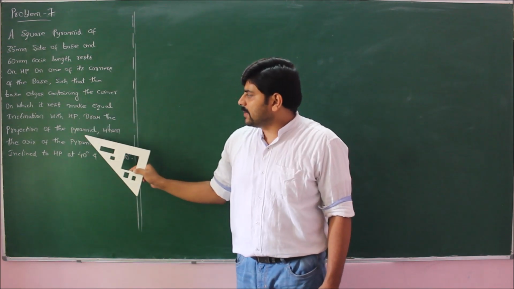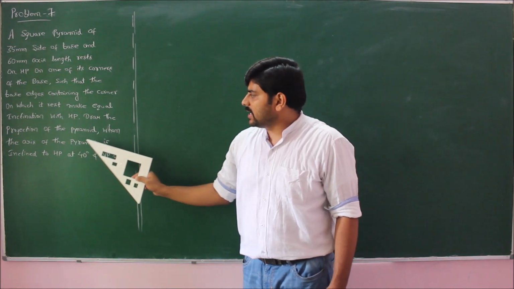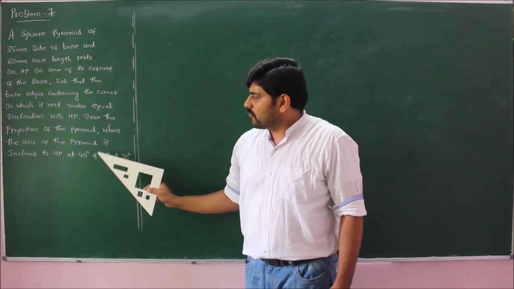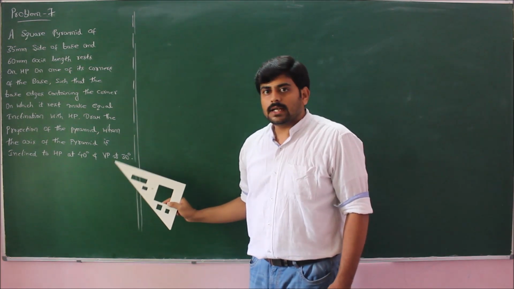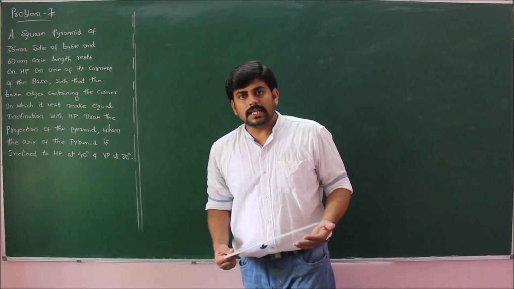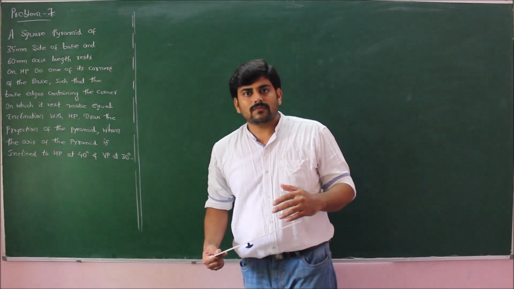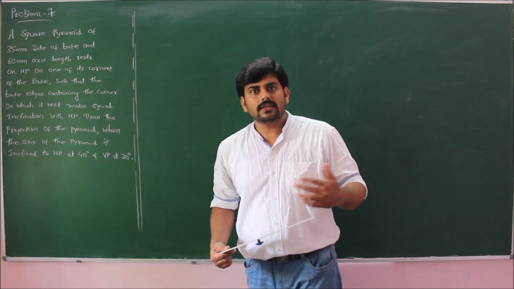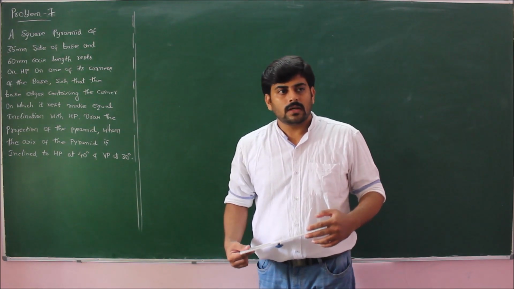Draw the projection of the pyramid when the axis of the pyramid is inclined to HP at 40 degrees and VP at 30 degrees. If you observe the problem, the inclination of the axis is given twice, first with respect to HP, and again with respect to VP.